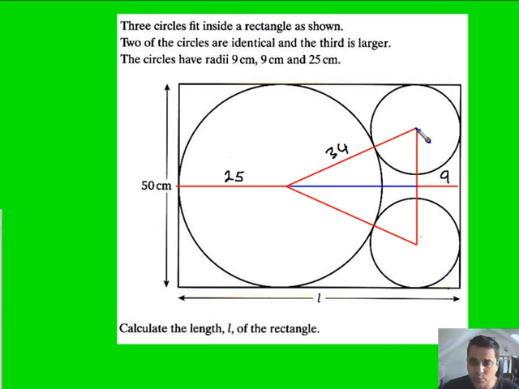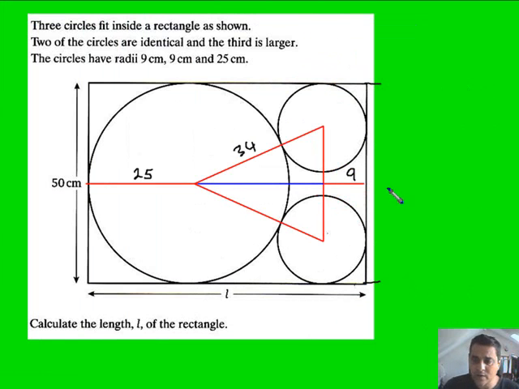Now the tricky part is working out a distance between that centre to the line right there where the blue line ends. Now work with me on this one. You know from here to here is also 50 centimetres. It's a rectangle. It corresponds to the opposite side over there. I know the length from here to here is 18 because that is the diameter of the small circle.